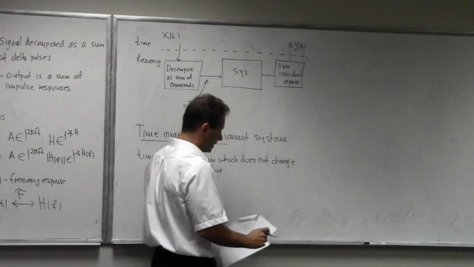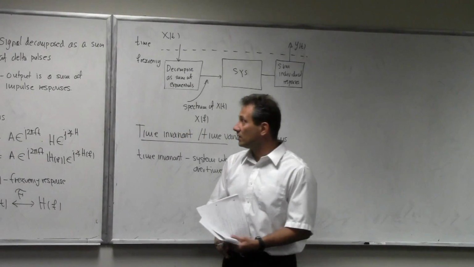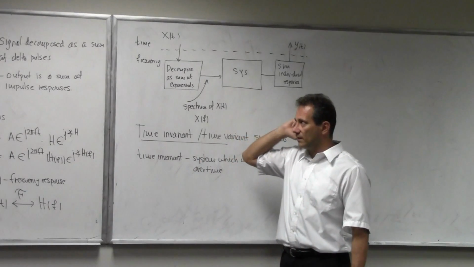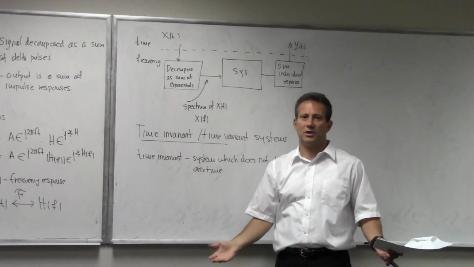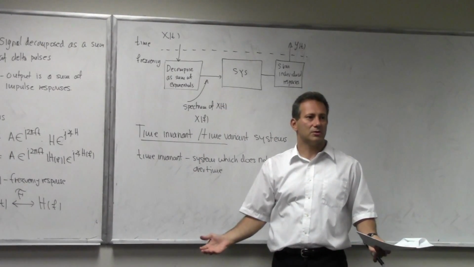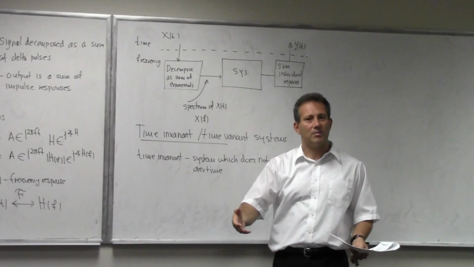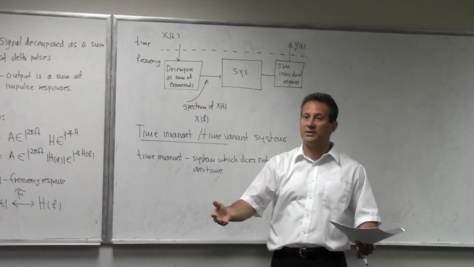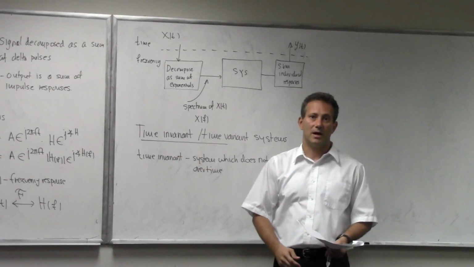And I remind you again, in our world, the system does not change over time if its impulse response does not change over time, and its frequency response does not change over time. So whenever I present the same inputs, I'm going to get the same outputs.